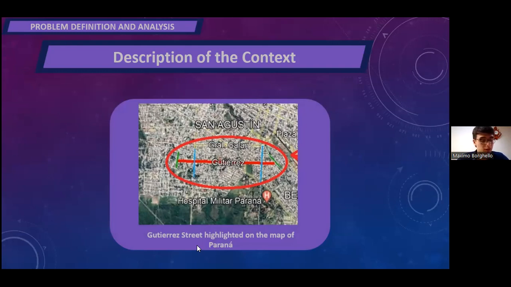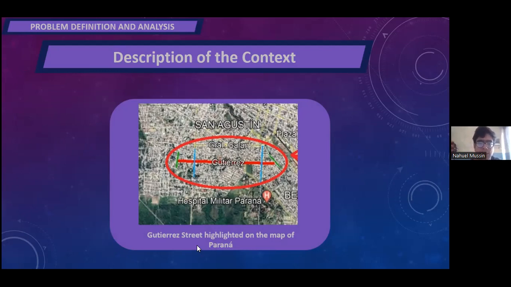It's an important street because a lot of people drive through Gutierrez Street, because the street connects the workplaces with the houses of the citizens. In this street, there are a lot of different shops and bus stops.